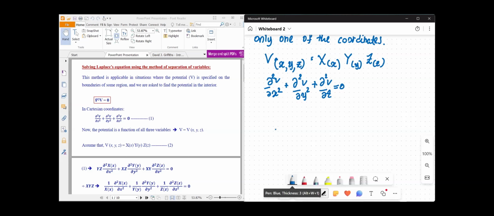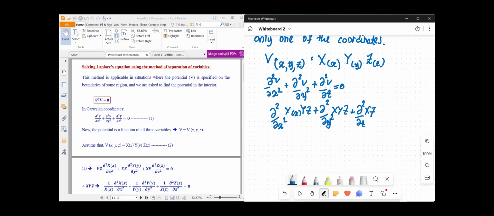So we have del squared over del x squared of X(x) Y(y) Z(z), plus del squared over del y squared of X, Y, Z, plus del squared over del z squared of X, Y, and Z is equal to 0.